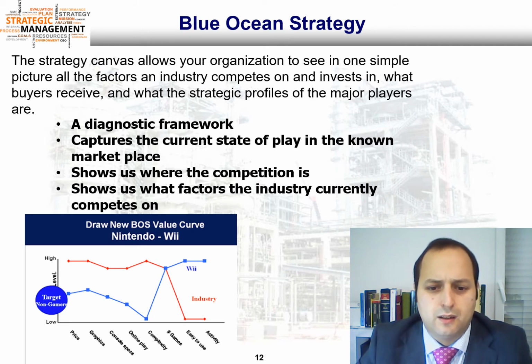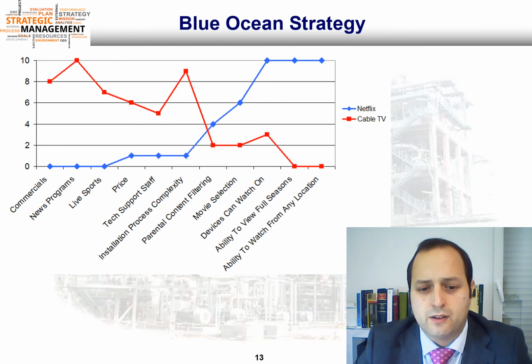traditional game industry. And here you can see another strategy canvas, in this case of Netflix and traditional cable TV. As you may see, through the strategy canvas, the price of Netflix was lower, and however, the things that Netflix gave to its customers were higher.